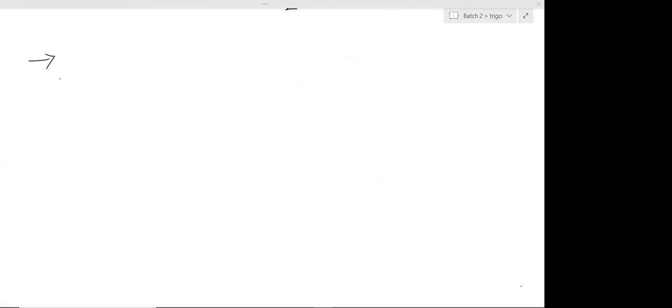Rahman, you are not audible. Root 3 by 2, sir. Root 3 by 2. Mazia, what is tan 45? It's 1. Okay. So I guess you all know about these values.